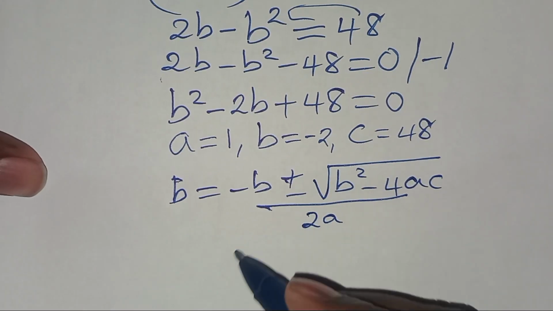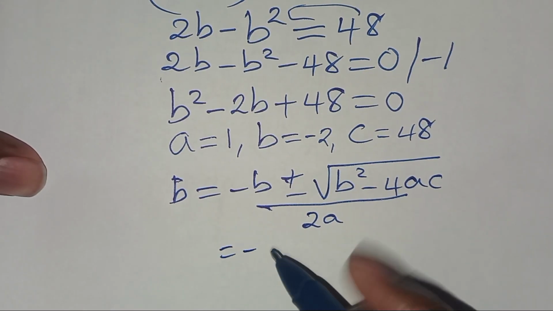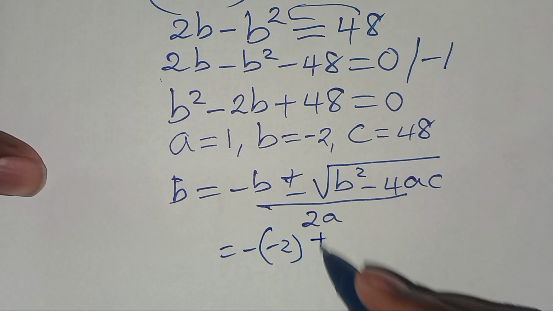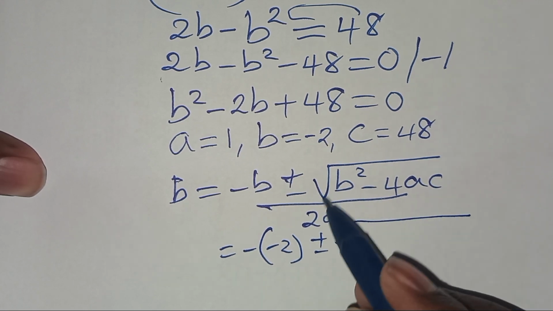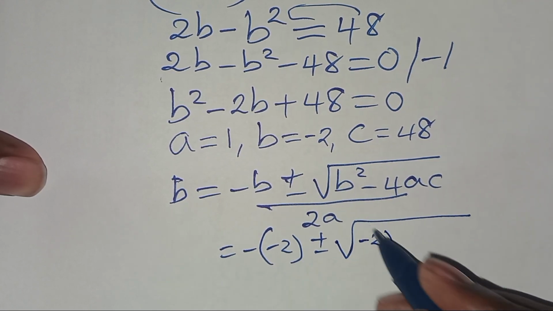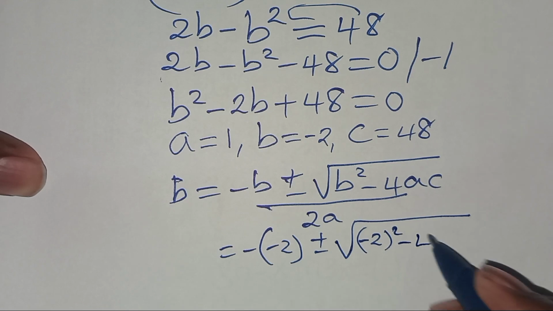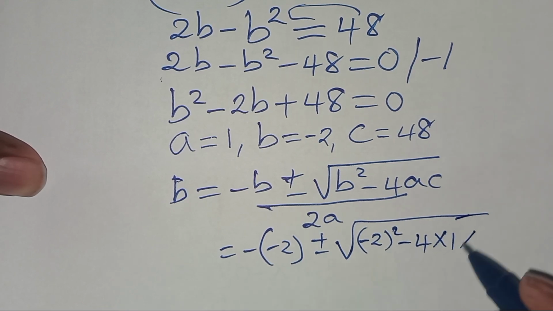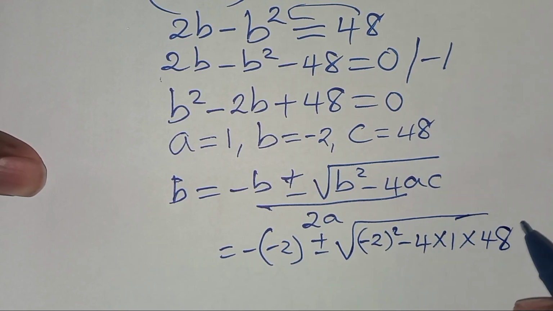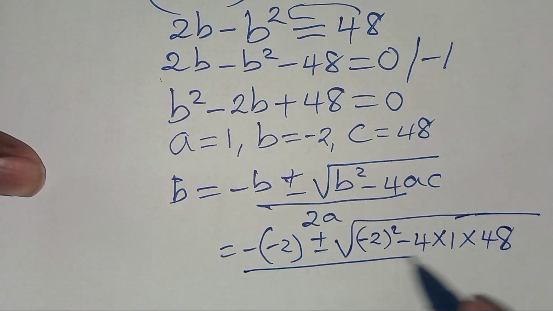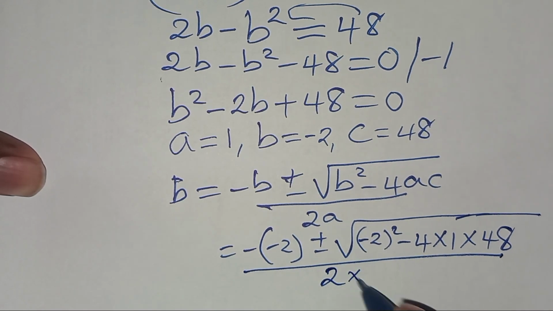So substituting this, we'll have negative 2 plus or minus the square root of B squared. This is negative 2 squared minus 4 times 1 times C, which is 48. All this divided by 2 times 1.